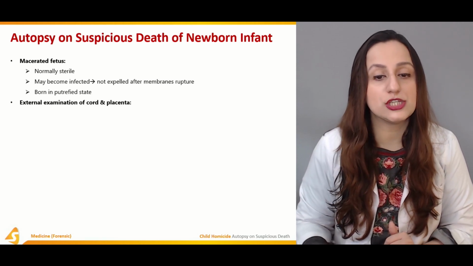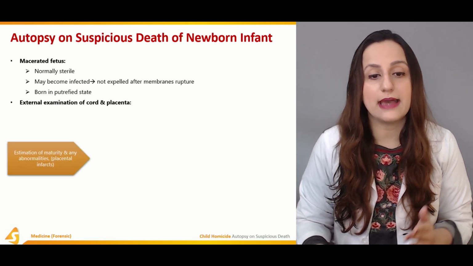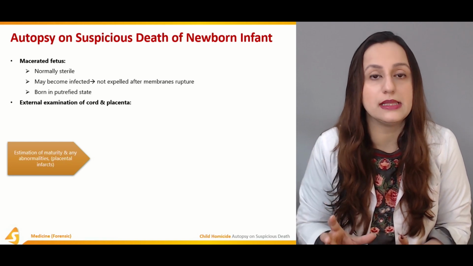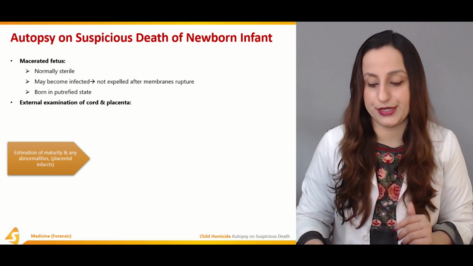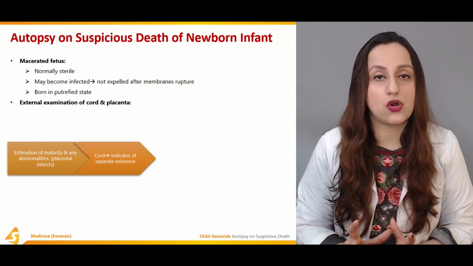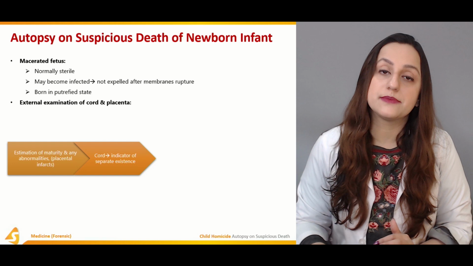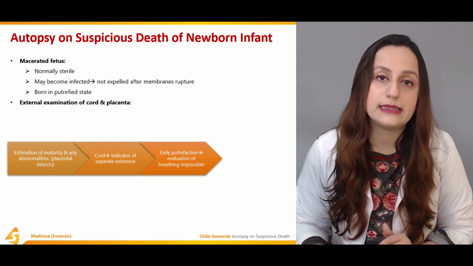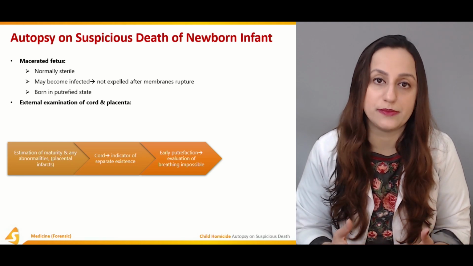The external examination of the cord and placenta is carried out, and in such a case, estimation of maturity and any abnormalities, for example, the placental infarcts, if they are present, are highlighted over here. The cord is basically the indicator of separate existence. If the cord is present and it is detached, it basically establishes the presence of separate existence, that the fetus was basically expelled from the mother.